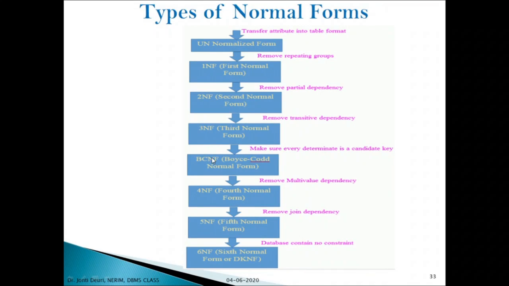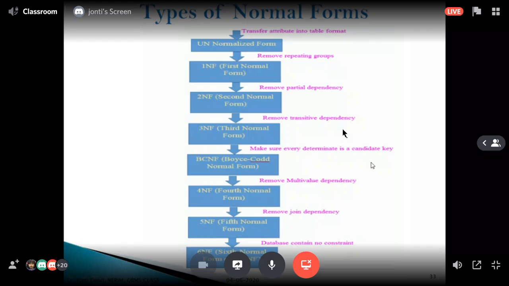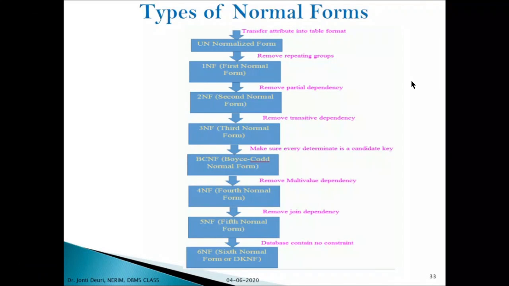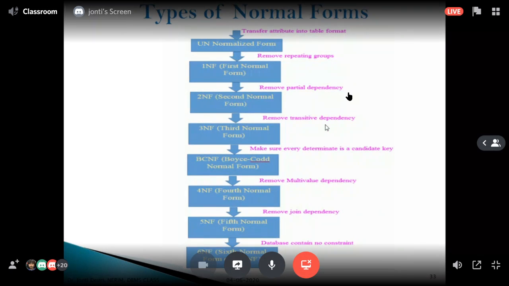Like this, in BCNF, make sure every determinant is a candidate key here. If we determine the candidate key, that means candidate key, you know, primary key, candidate key, that we will discuss here again, how you can find out the candidate key.